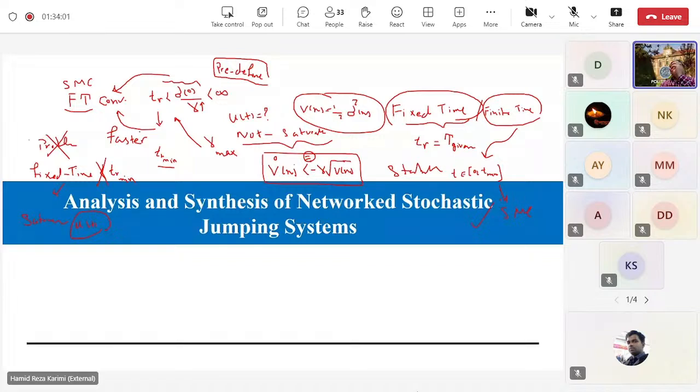I remember one of my PhD students published a few papers about this predefined and fixed time, so I can send you this publication. But in fact, the main task is to modify the Lyapunov function in order to solve this problem.